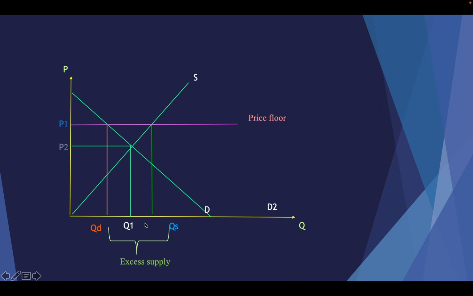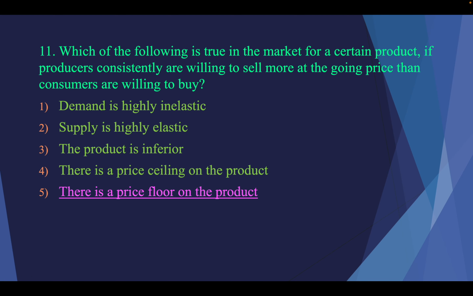Then where does the price floor intersect the demand curve, that is the QD. Then with QD and QS, there is excess supply, that means supply is greater than demand. So that is the answer, because they ask supply is greater than demand, that is the price floor on the product.